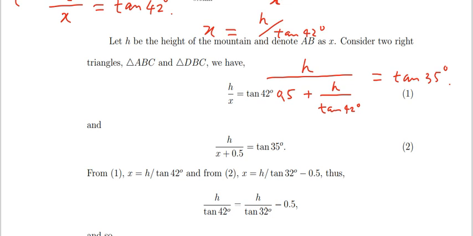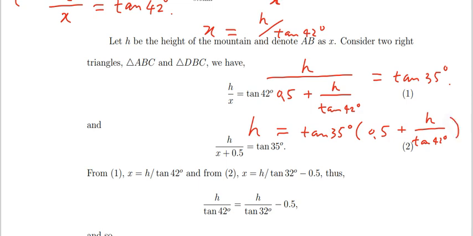So multiplying both sides by 0.5 plus this, we get h equals tangent 35 times 0.5 plus h over tangent 42 degrees.